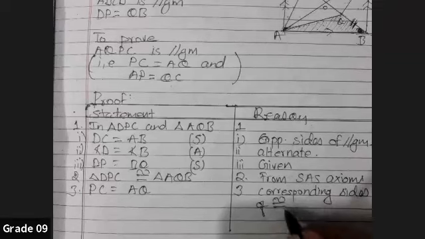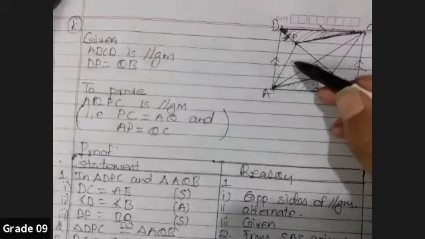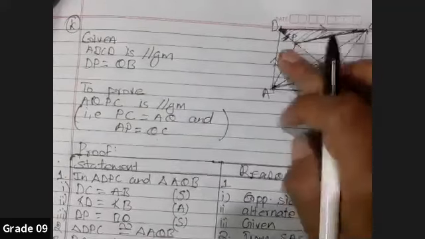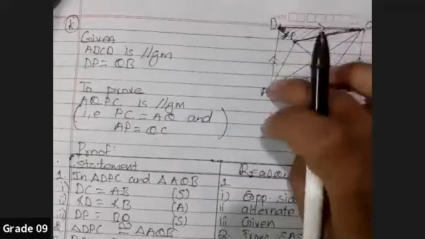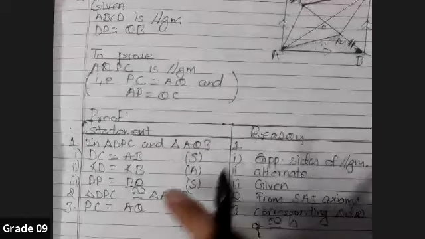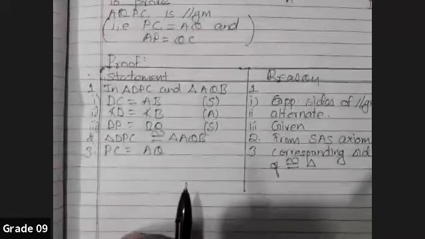This is the symbol of congruent, and this is the triangle. One pair of opposite sides is proved. Now we have to prove the other pair. For that we prove these triangles congruent too, by the same method: opposite sides, alternate angles, and DP equals BQ. But if you have done the same thing here, you don't need to do the full process.